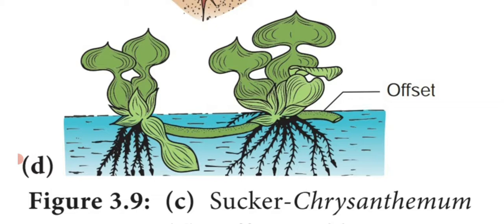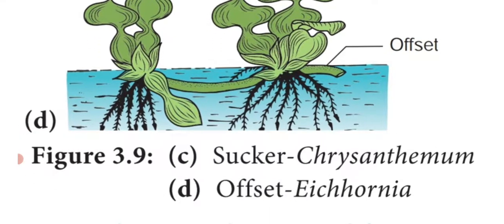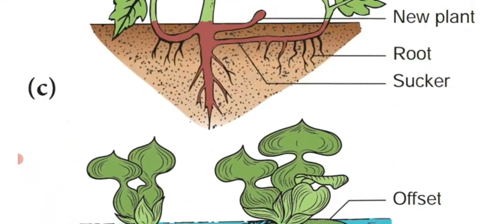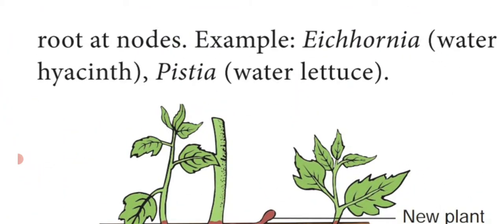Within the short distance, in the nodal region, they produce a rosette appearance of leaves above the ground level and adventitious roots in the nodal region. So that subaerial modification is known as offset. Example, Eichhornia, water hyacinth, Pistia, water lettuce.